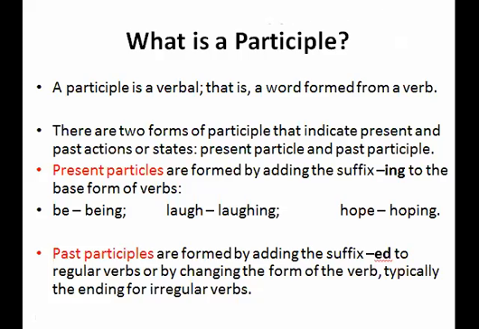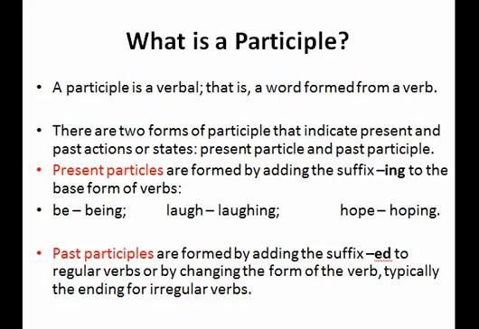Now, what is a participle? A participle is a verbal, that is, a verb formed from a verb. There are two forms of participle that indicate present and past actions or states: the present participle and the past participle, as you saw in the previous slide.